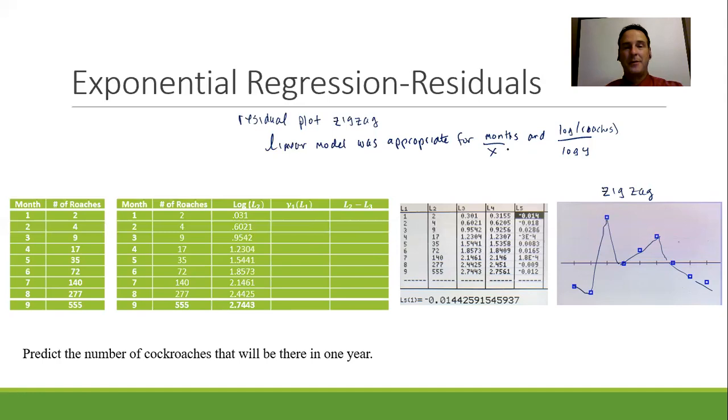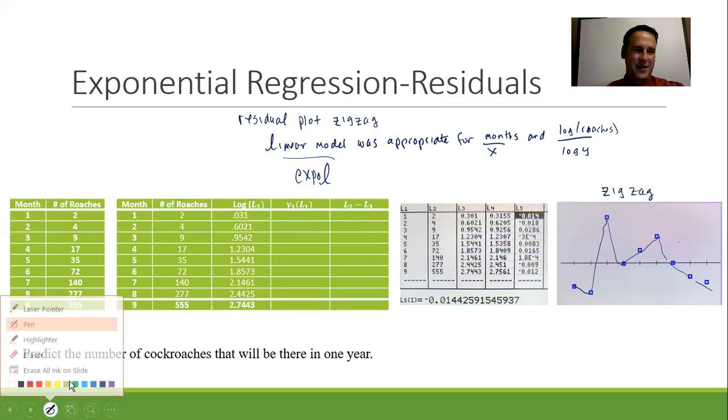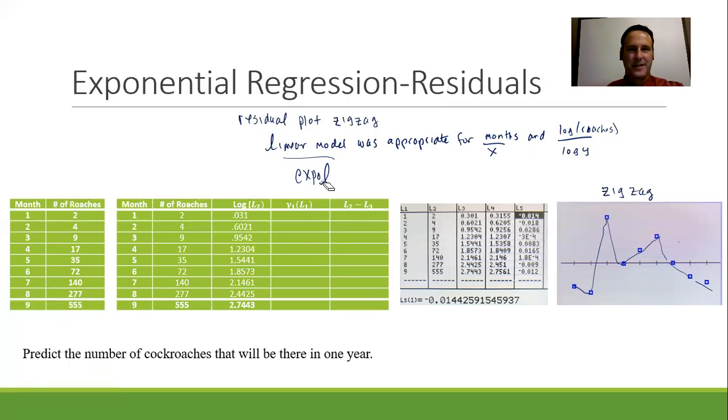And because that model is good, that means the exponential is good for the original values.